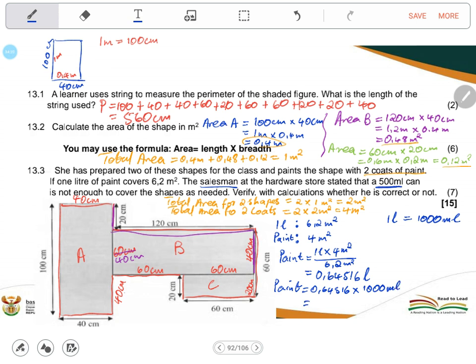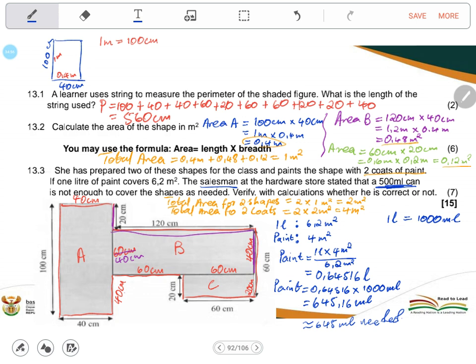So this should give us 645.16 milliliters, or simply 645 milliliters of paint that is needed. Right, so you cannot buy 1 can of 500 milliliters, so you'll need to buy 2.